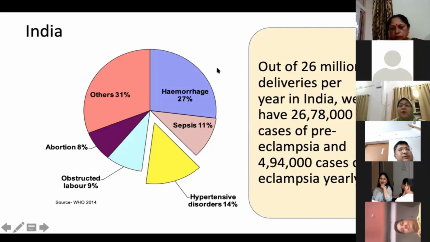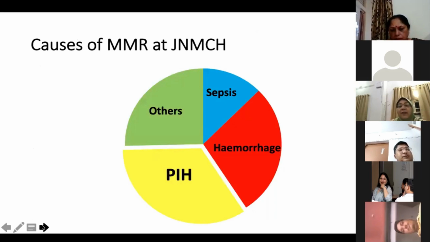If you go according to the percentage of deaths occurring due to different causes in pregnancy, hypertensive disorders are a major cause of maternal deaths, along with hemorrhage and sepsis.